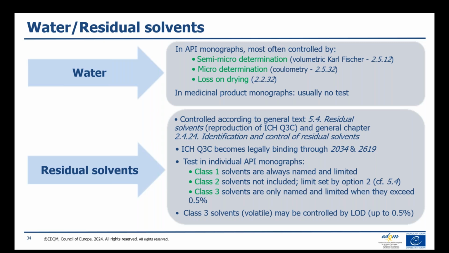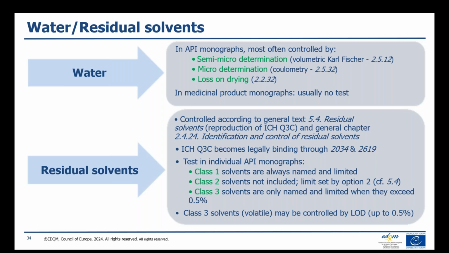And as I explained, there is a reference to this text in the general monograph on substances for pharmaceutical use and on pharmaceutical preparations. So in fact, ICH Q3C becomes legally binding through these references.